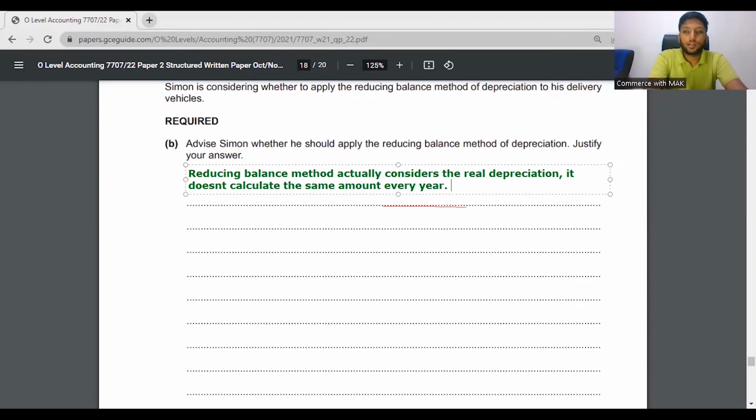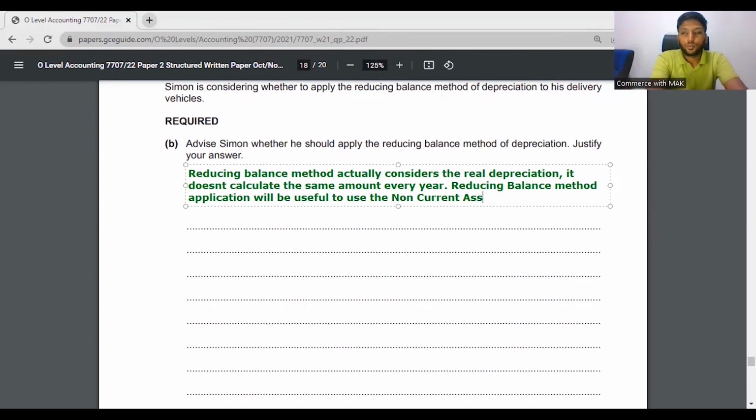And also you can write: reducing balance method application will be useful to use the non-current asset for a prolonged period.